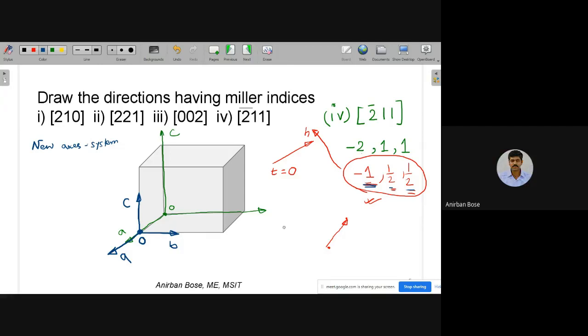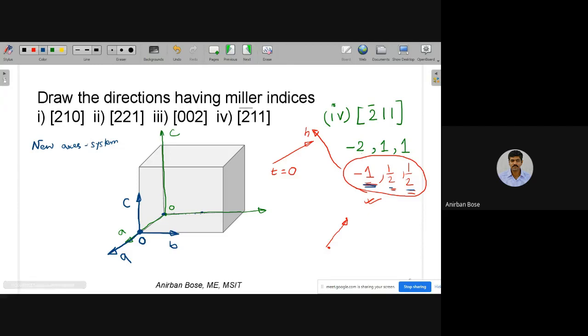Yes, okay, sir. Clear. So now it is very simple. Now you simply locate the position coordinate of the head, and that is -1, half, half. So where is -1, half, half? From the new origin, you go to -1, you come to this location. Then along the b direction, you go to half, that means you will come to this position.